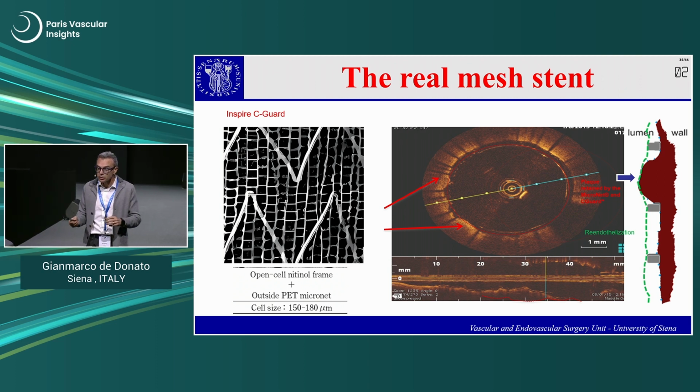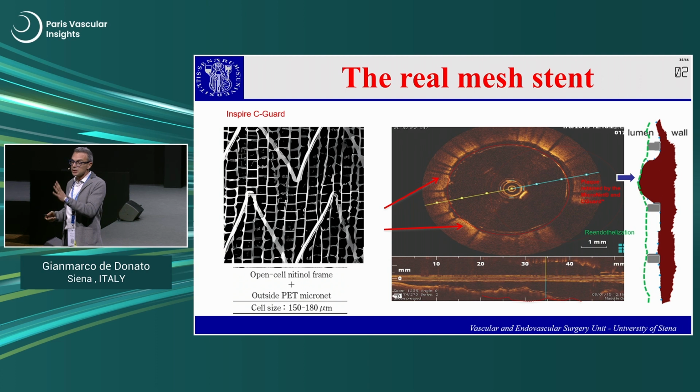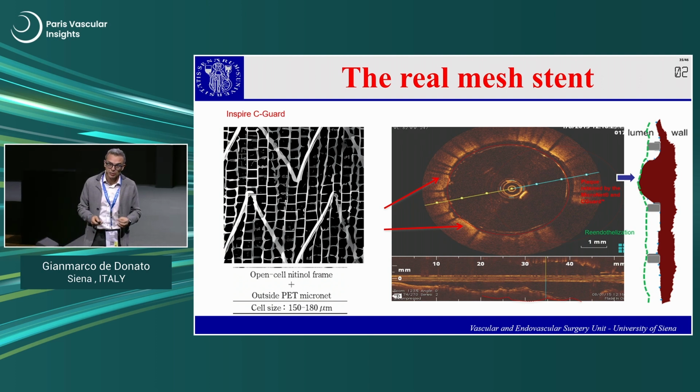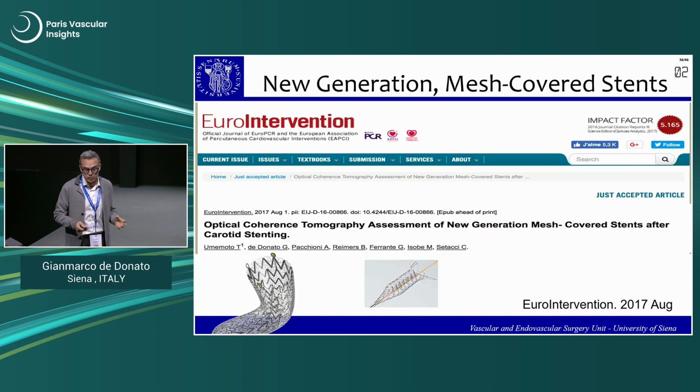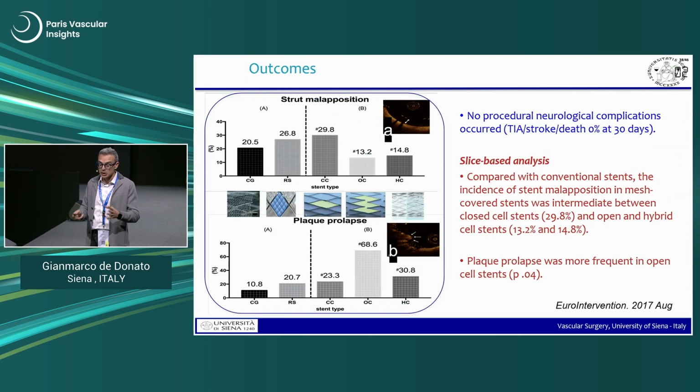You can see here that we have a very smooth surface, we have a nice coverage of the plaque, even if sometimes you can find some prolapse through the stent strut. There is still the MicroNet containing the majority of prolapse. And here is some data in this future analysis. And here is the comparison, the first two columns, CGuard and Roadsaver, compared to the historical results that I showed you before.